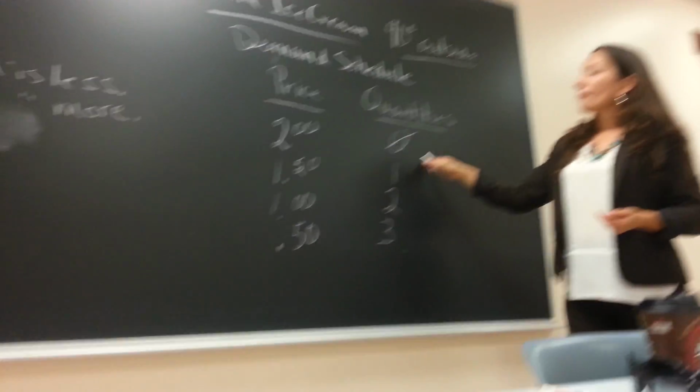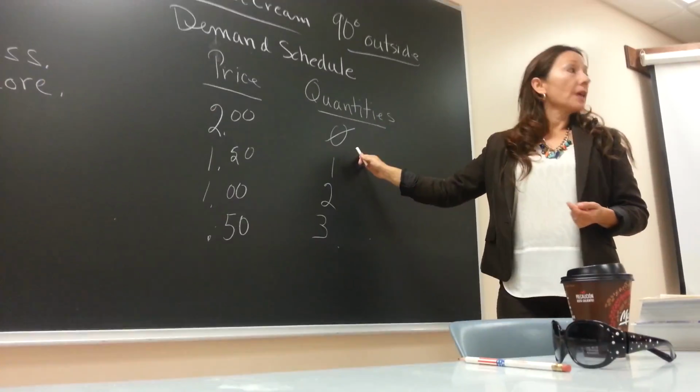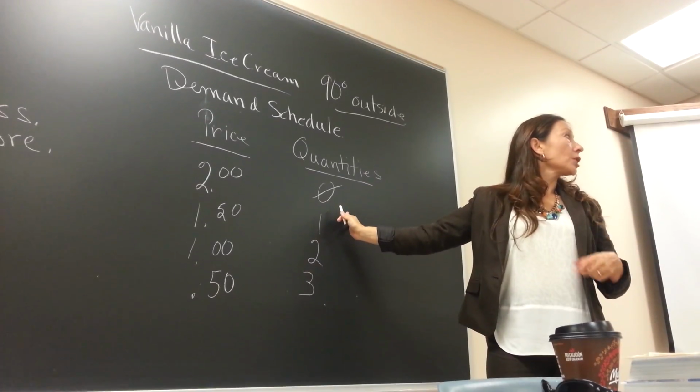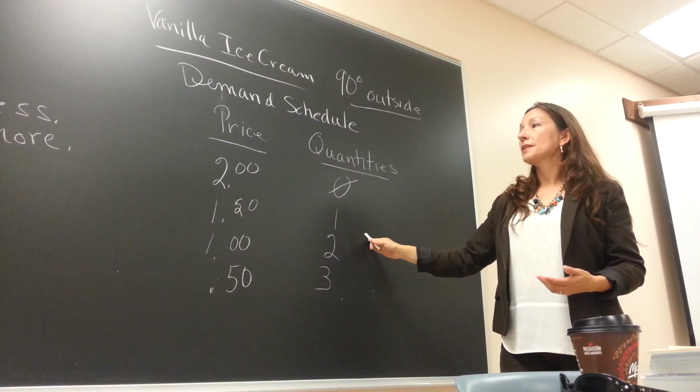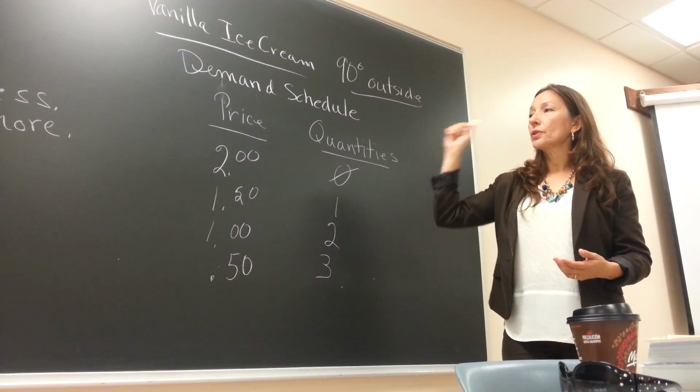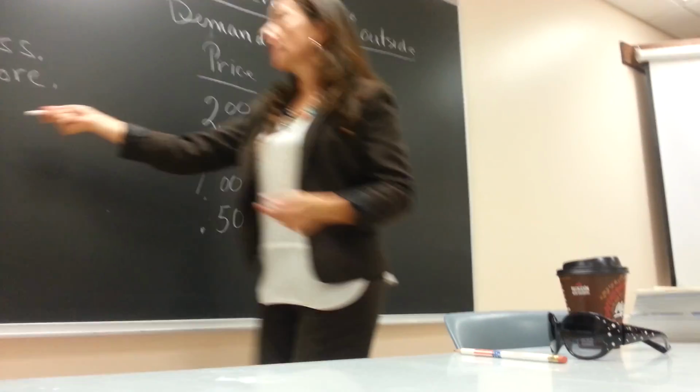So I can graph this out, and if I graph this out, I'm going to have a demand curve. Okay, so the demand curve graphs out the demand schedule. Okay, so I'm going to graph that out over here on this graph.